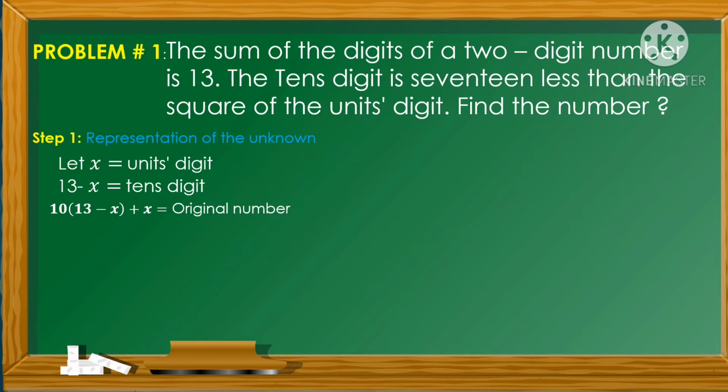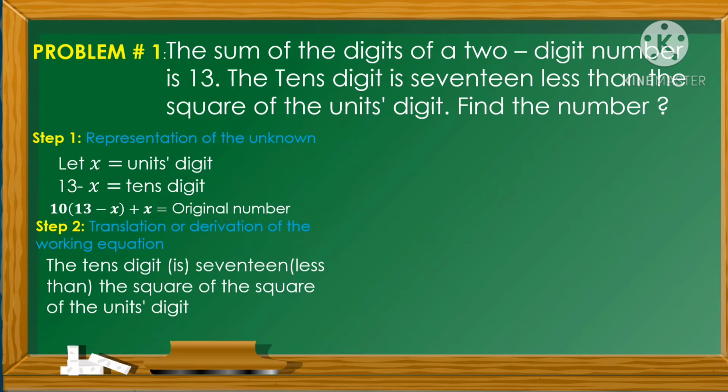Okay? So, then we'll make an equation. Yung pangalawang sentence naman doon sa problem, siyang gagamitin natin para makagawa ng equation. Ang sabi doon, the tens digit is 17 less than the square of the units digit. Okay? So, the tens, we are referring to 13 minus x.